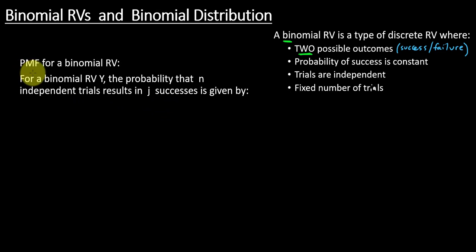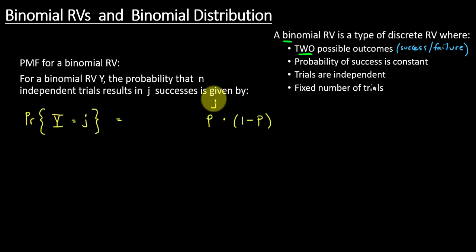So this formula for the probability mass function, the probability that your random variable achieves a certain number of successes, J, is given by, well, leave a little space here or come back, the probability of the success occurring in a single trial raised to the number of successes, J, multiplied by the failure rate.